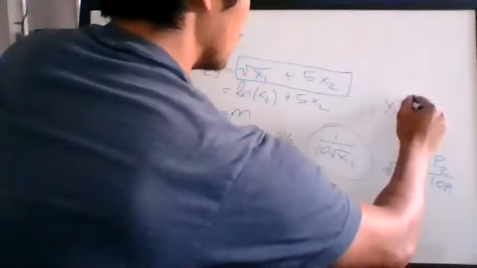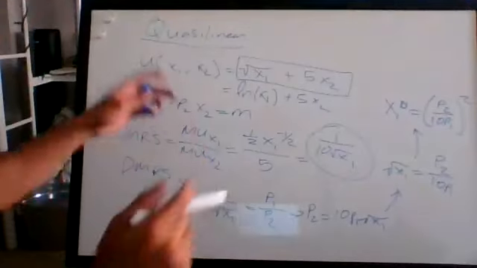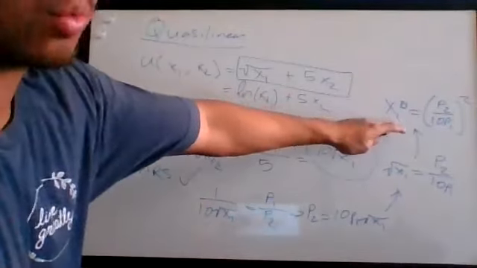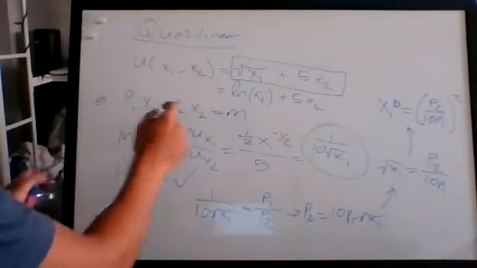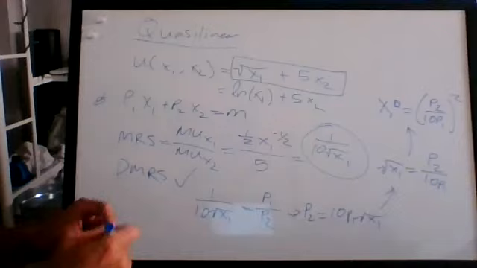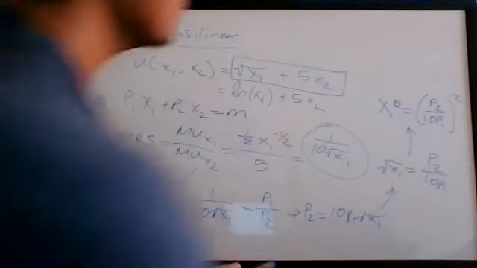And so x1 star is going to be equal to this whole thing squared. Okay. And then from there, once we know the optimal amount of x1, we can plug it back into our budget constraint right over here and solve for x2. Okay. So let's do a problem with numbers.